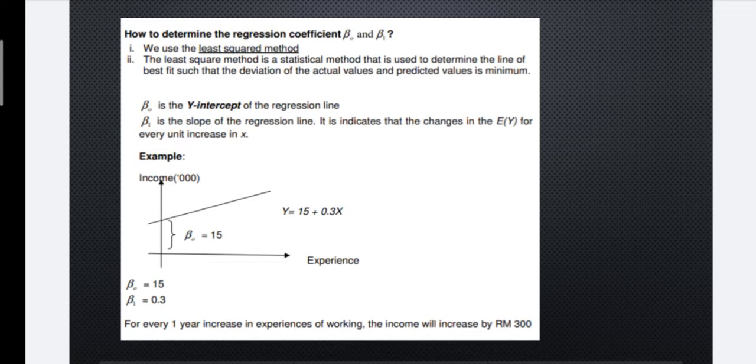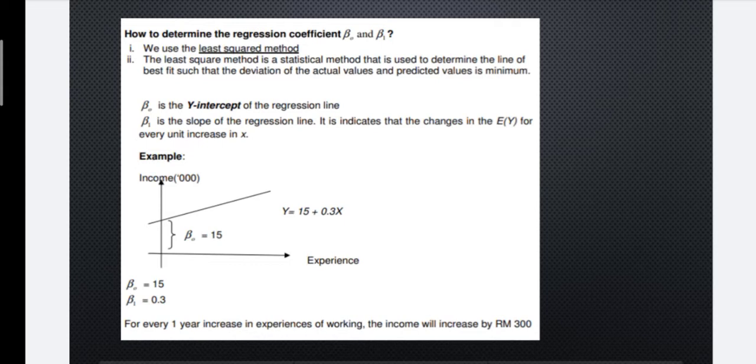So when we have the data, before we come up with this regression equation, we need the data first, baru boleh nak create this equation. Okay, bila ada data we regress y and x, so keluarlah value. Contohnya kat sini beta naught 15, beta 1 0.3. So you need to know how to interpret this value.